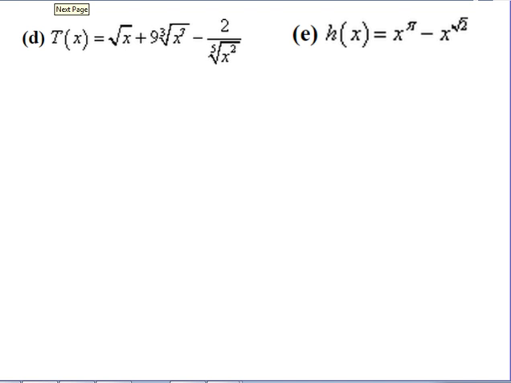Let's try again. Okay? So, I threw a little curve at you, because have I talked about radicals at all?